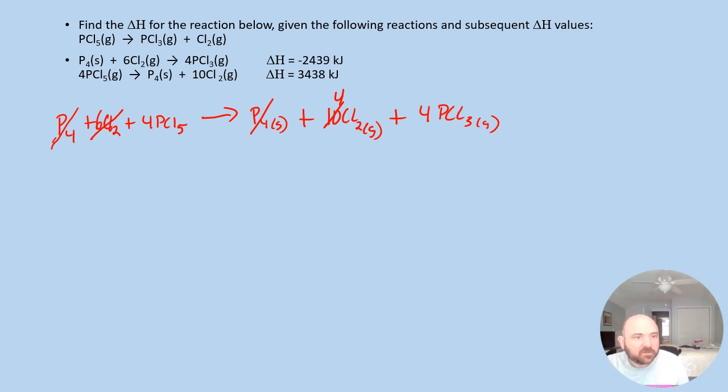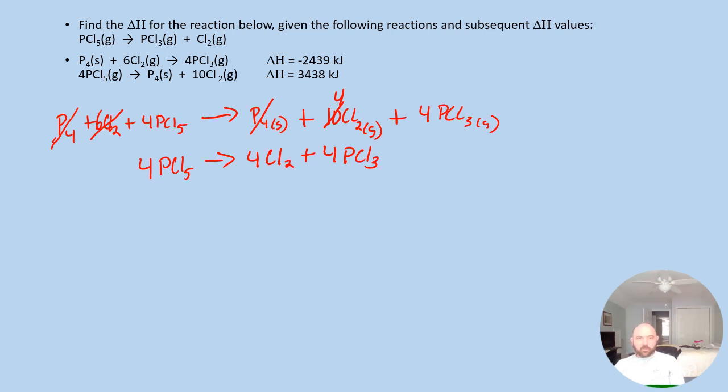It leaves me with just PCl5 on the reactant side, which is the reaction I'm trying to consider. However, it says 4 PCl5 yields, P4 has been canceled, my chlorines are now 4 Cl2s and 4 PCl3. You also have to add the enthalpy changes from those reactions together, just as we did with the compounds.